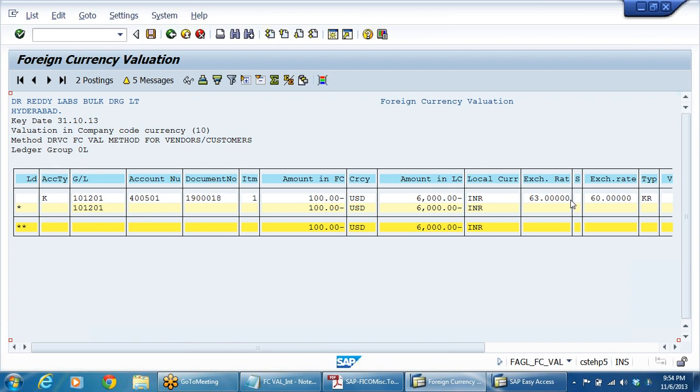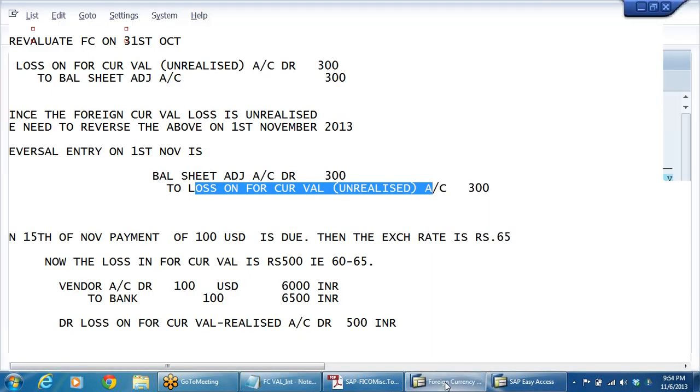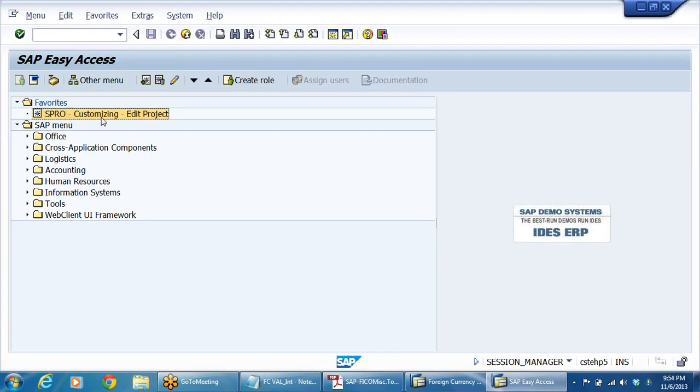From where? In the table OB08 we have given the exchange rate on 31st of October as 63. See, that's why the system has picked up exactly 63. How has the system picked it up? Because in the valuation method we have given that the exchange rate should be picked up as average rate. You remember?